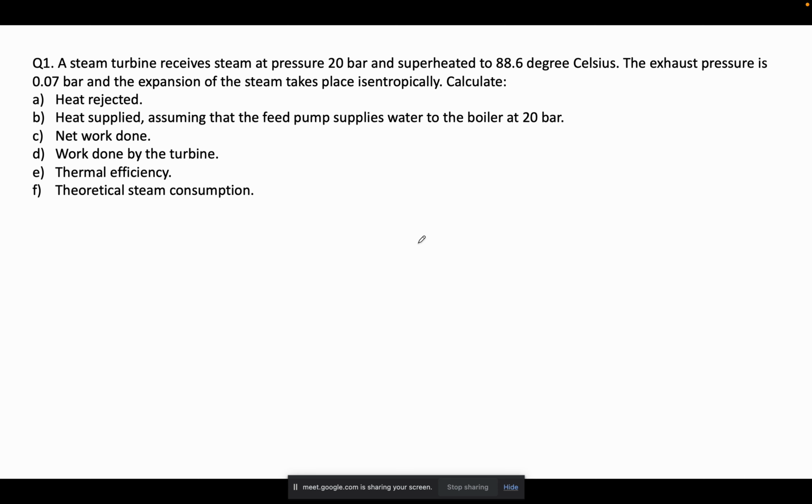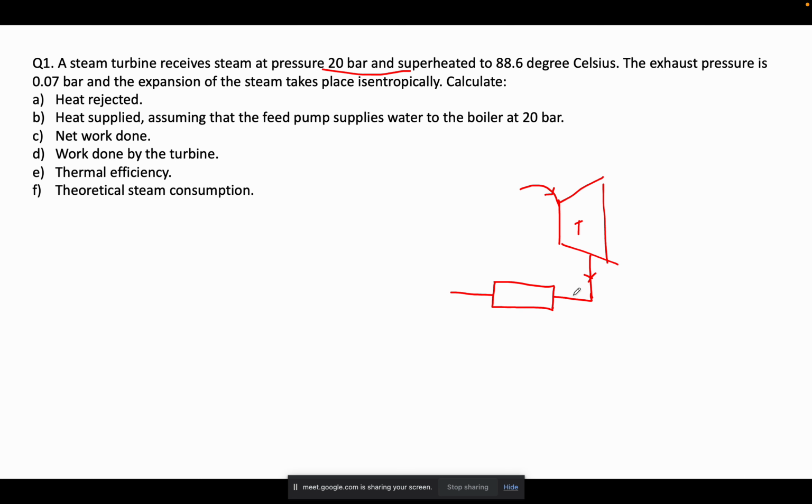In order to do that, let us first take what is going on. If I consider this one as the turbine, there will be some input to the turbine. Steam is entering and it comes out of the turbine after it is expanded. Then there will be cooling of this vapor to the liquid state.